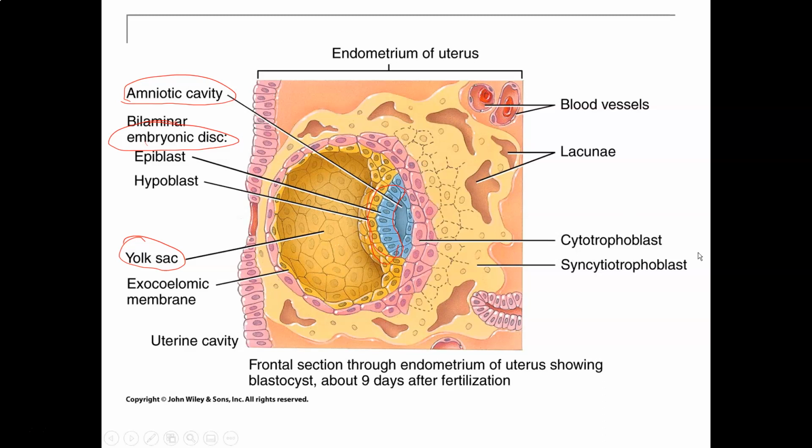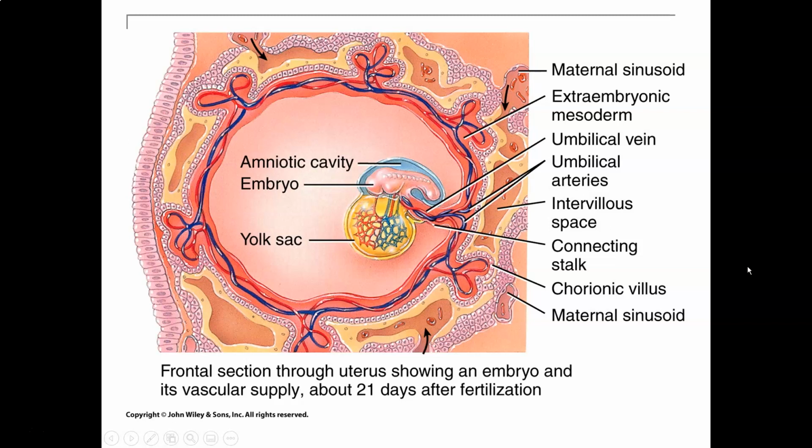Okay, and then here's a little bit later. This is 3 weeks after fertilization. So now notice they're calling it an embryo because we're past the pre-embryonic stage, the first 2 weeks.